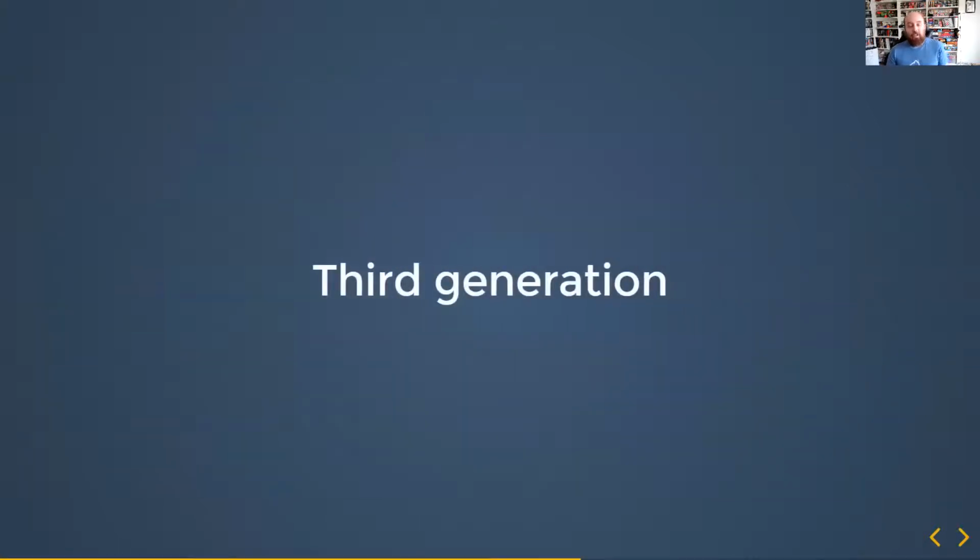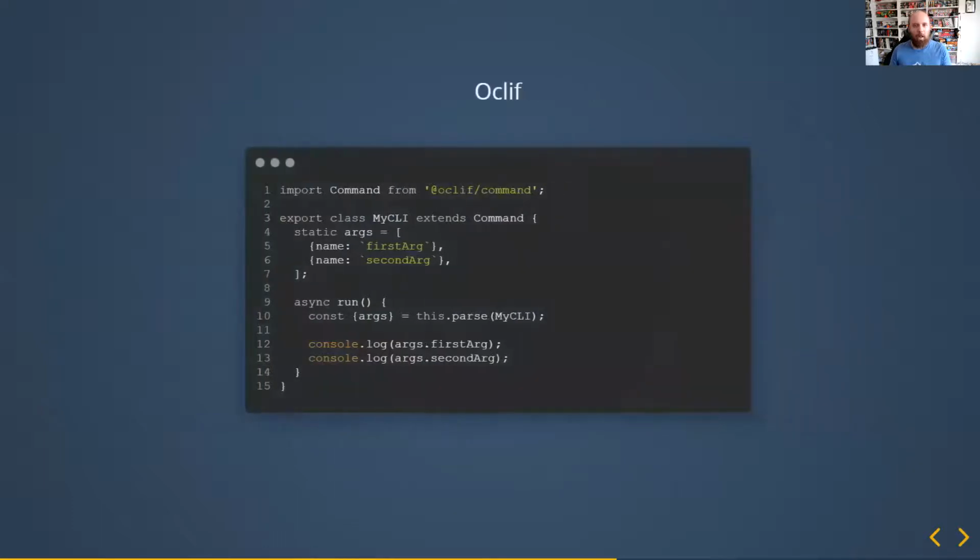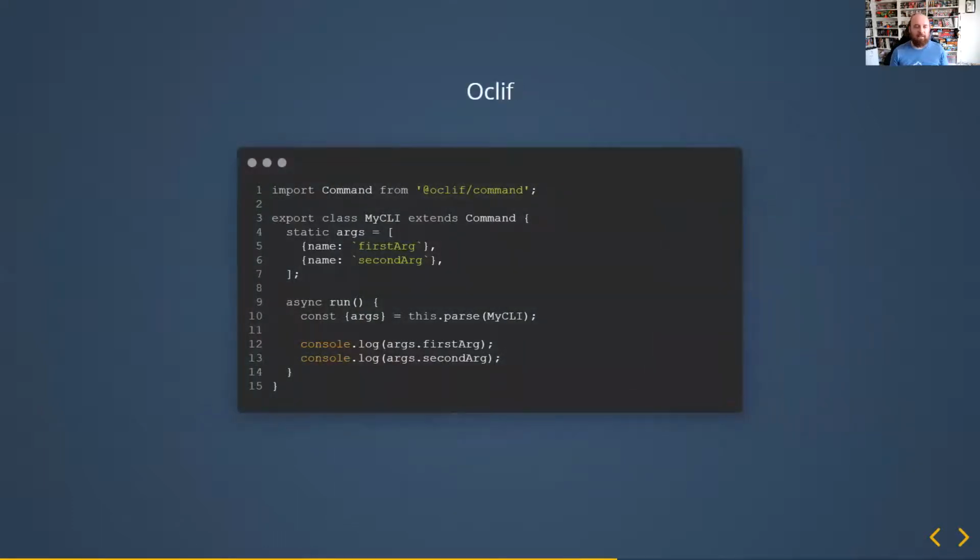And came the 3rd generation of CLI frameworks. First, I'm going to talk about the one that isn't mine, Oclif. Oclif is a very comprehensive framework made by Heroku that intends to let you declare commands as classes and arguments, a bit like yargs, by defining them as a JavaScript object that will then be turned into a proper TypeScript type by using the this.parse function call.